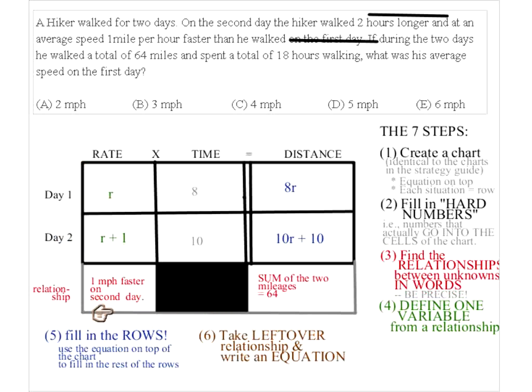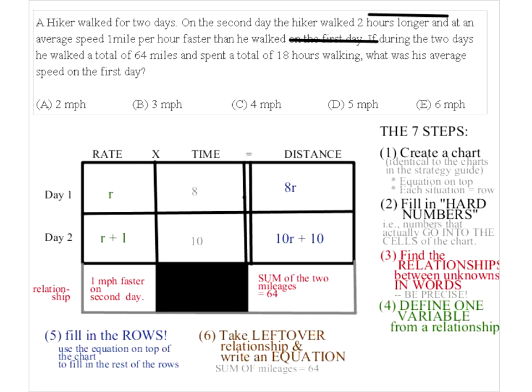One of them gives you a variable, and the other one gives you an equation. So in this case, the sum of the two mileages is 64. So you just write an equation based on that. Let's do that. There's not a lot of space left on the screen. But sum of mileages is 64.